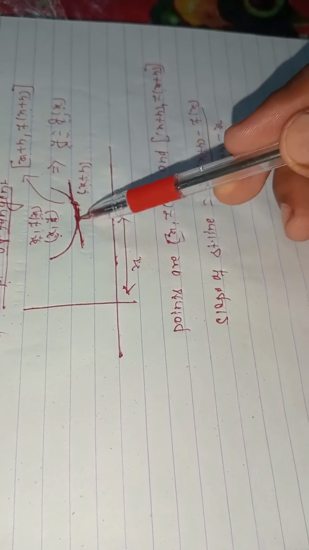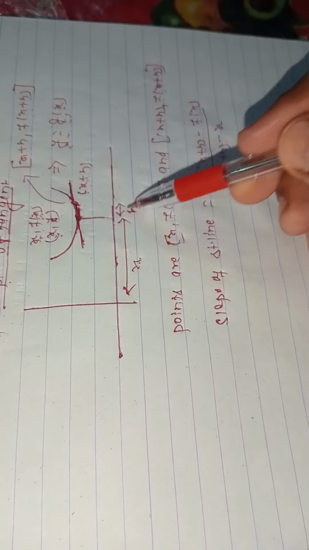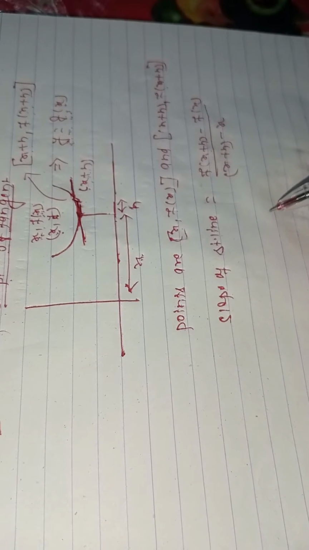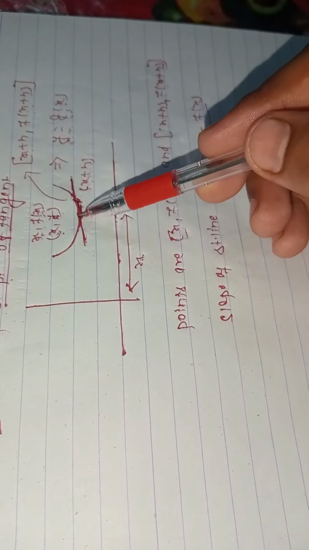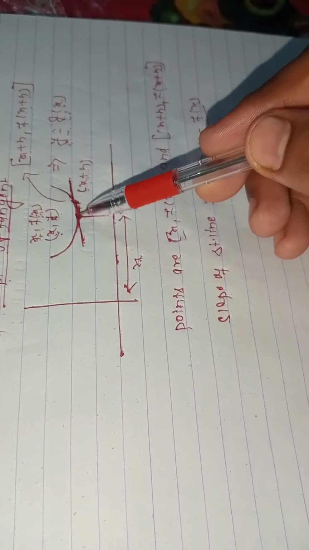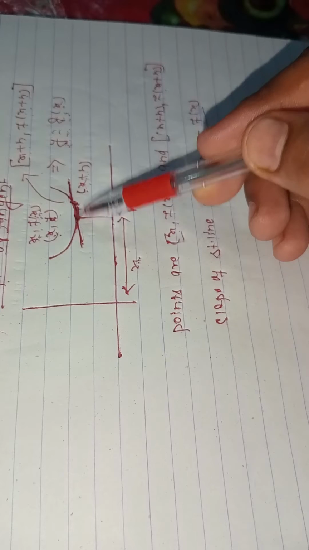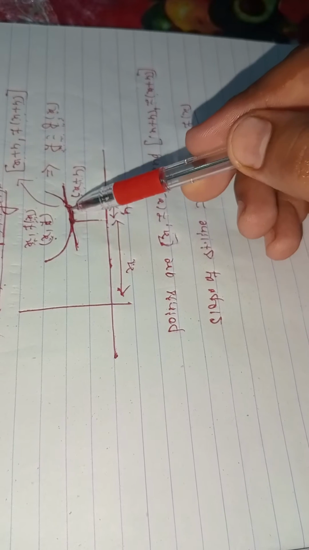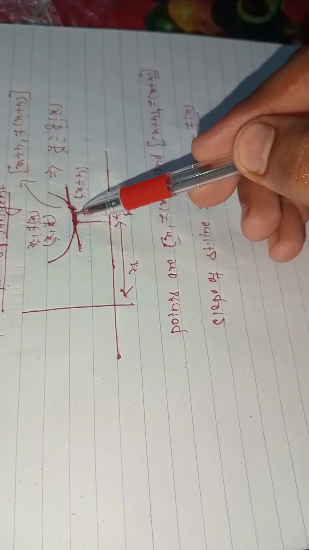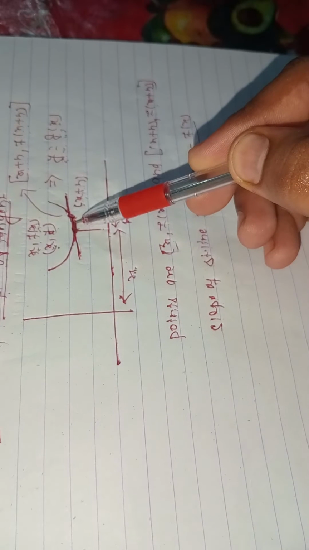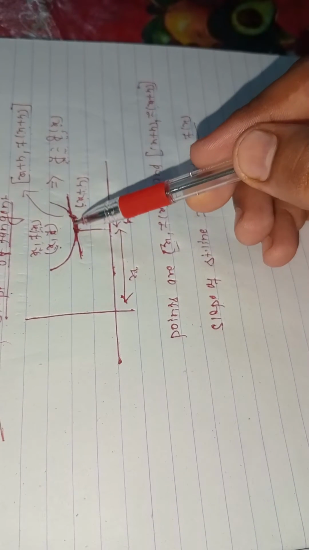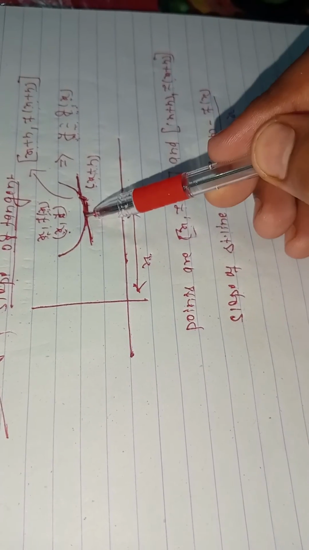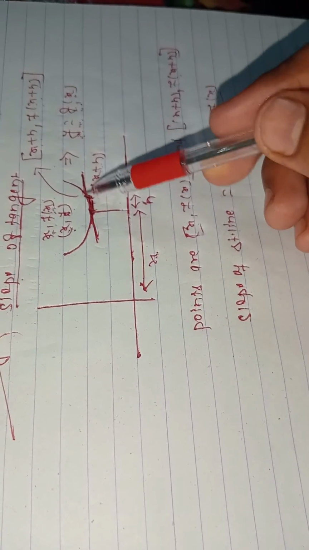If this gap is going to be 0, if h becomes 0, then these two points become a single point. If the gap between them is 0, these two points make a single point. And if these two points collide at one point, what do we say? We say tangent.